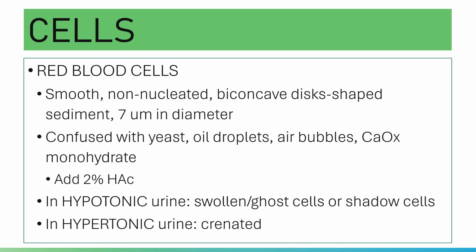In hypotonic urine, please note the concept of osmosis also applies to red cells. If you try to remember, you did this in biochemistry: there is this particular experiment wherein you put a drop of blood in an isotonic solution, a hypotonic solution, and a hypertonic solution, in varying concentrations of sodium chloride.